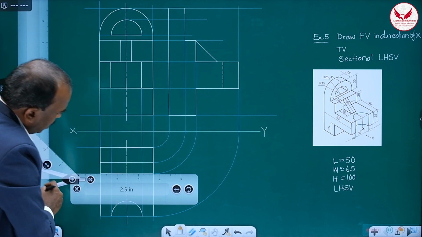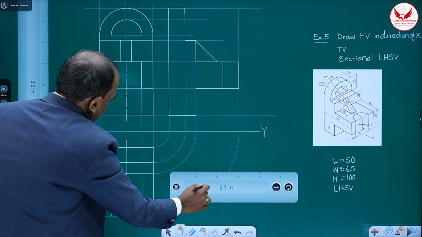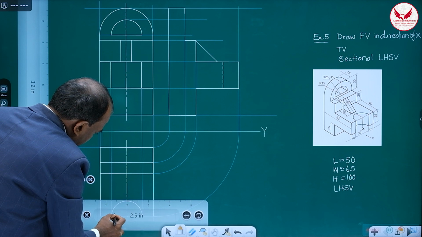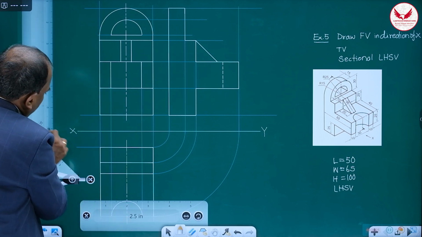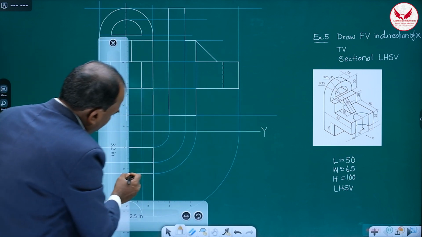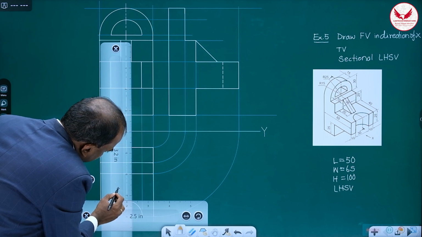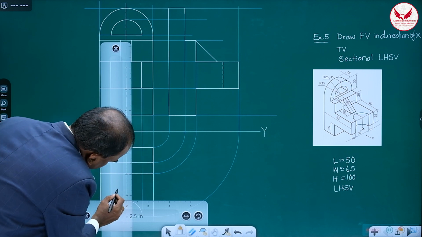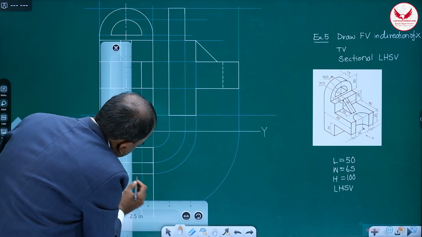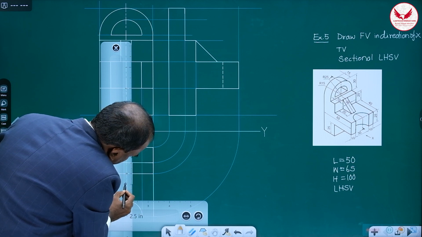It is 10. And then for marking the rib, what I'll suggest is that the rib is 5 mm on either side. It is 5 mm on either side, and its length in the top view is from this 20 only. Then that 20 you can directly mark like this. It is 20.